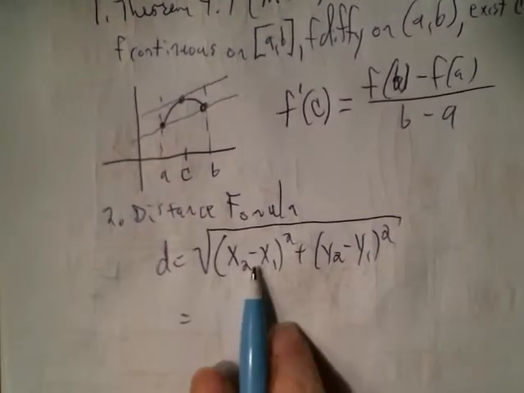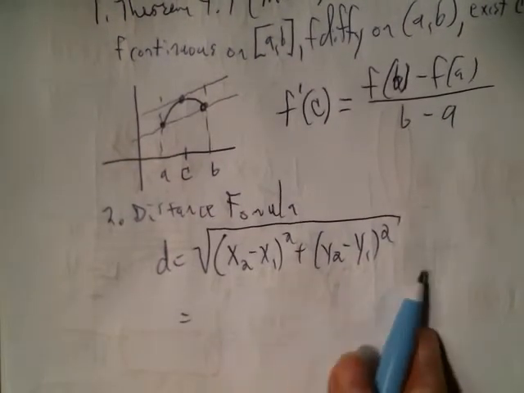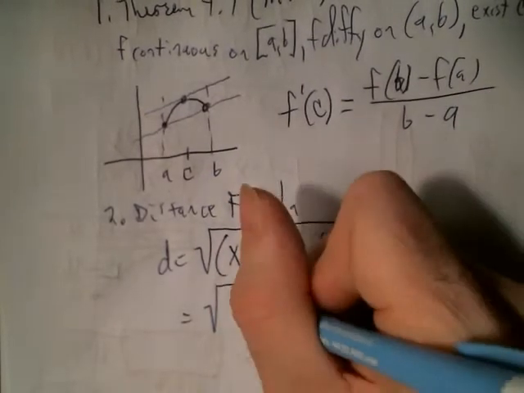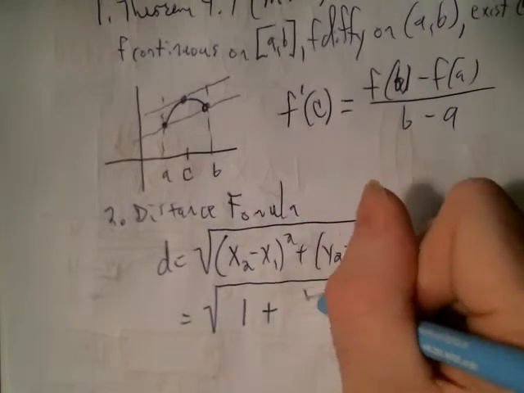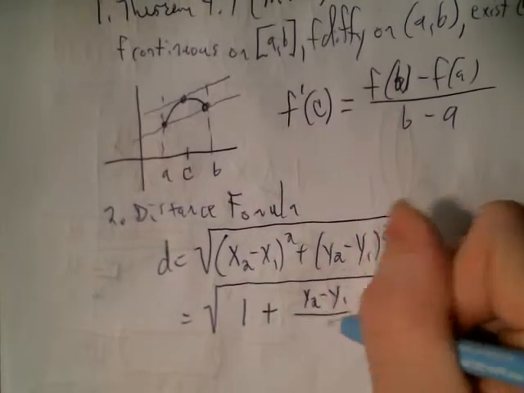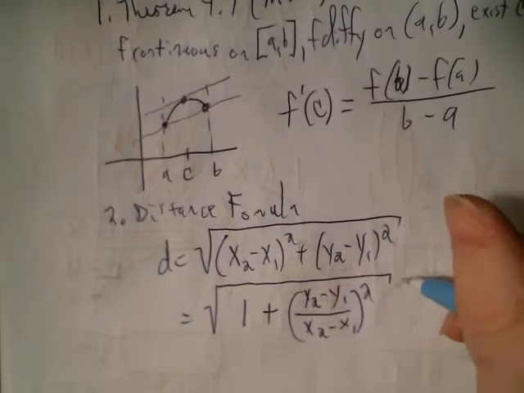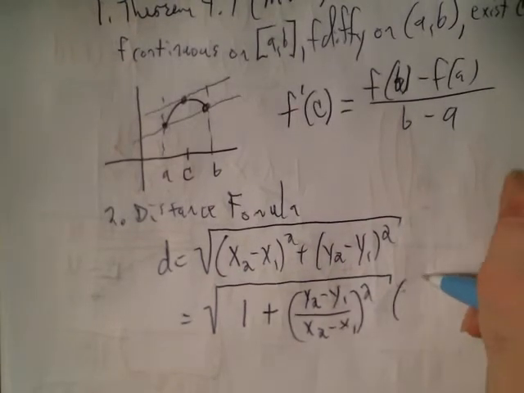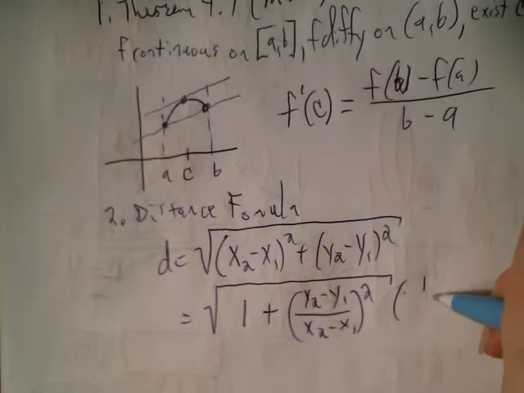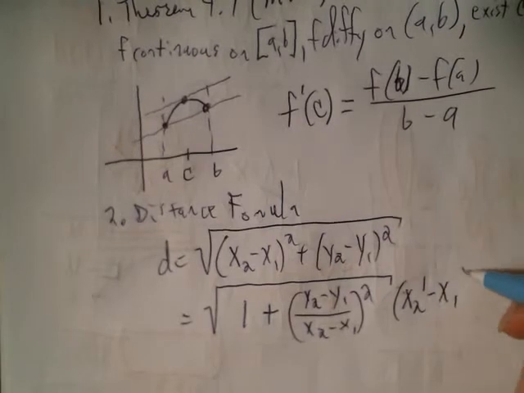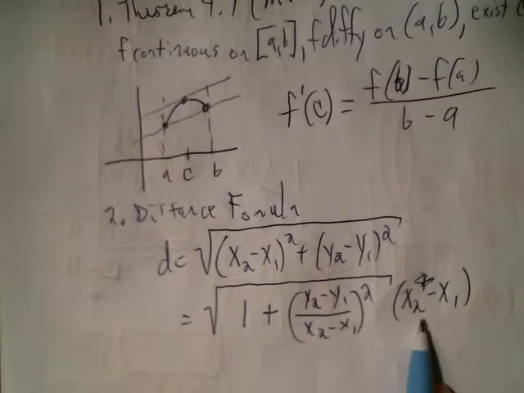If you were to factor out an x2 minus x1 squared from this thing, it would look like this. So then it would be 1 plus y2 minus y1 all over x2 minus x1, squared, times, no, just x2 minus x1. Okay, if you factored x2 minus x1 squared out of the root, you get this.